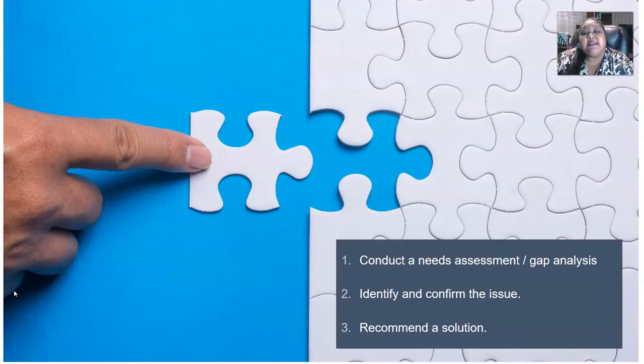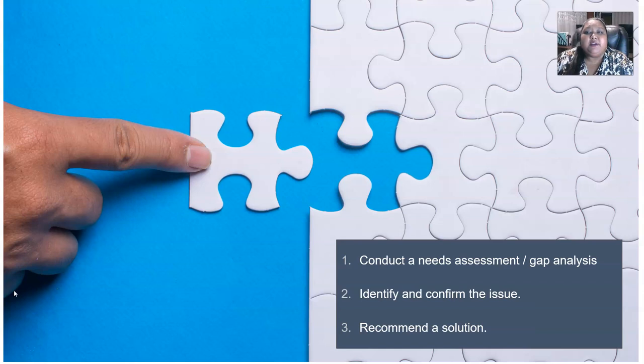There are several examples and instances where other methodologies can be used successfully. However, they continue to emphasize the use of front-end analysis to determine the best intervention for the identified gap.